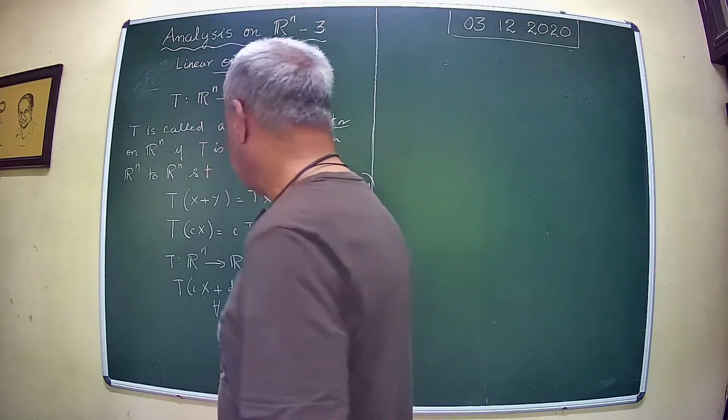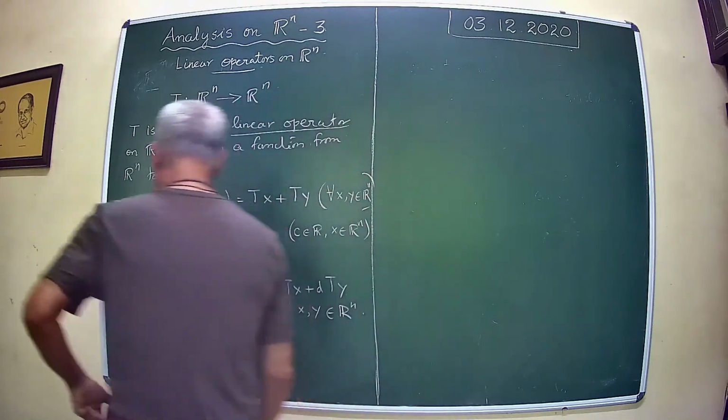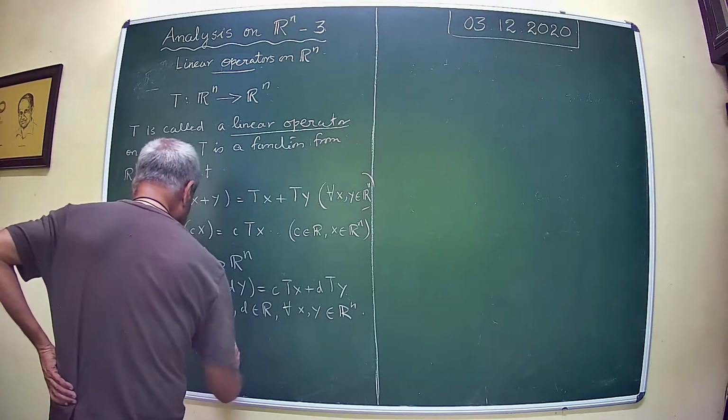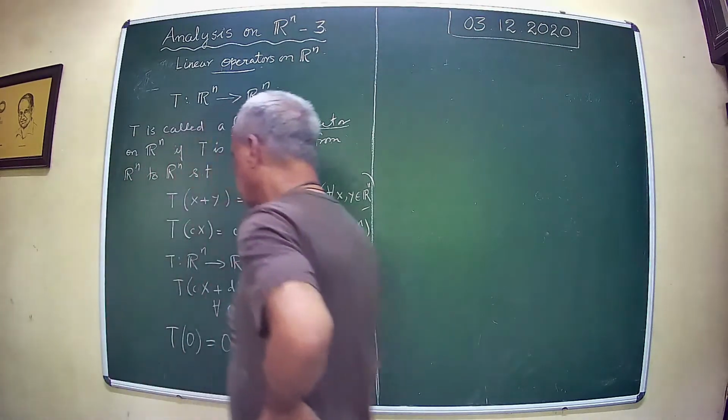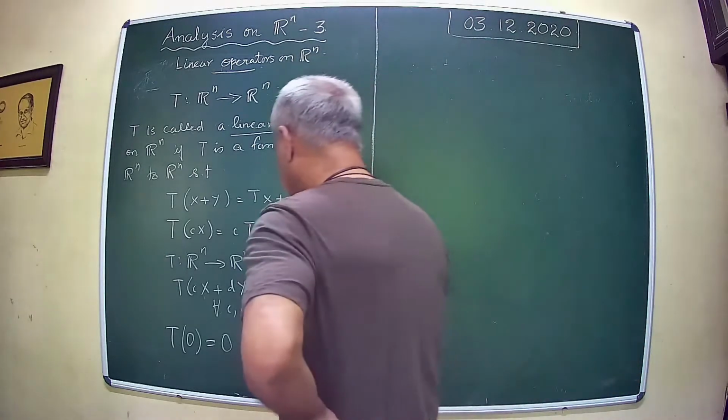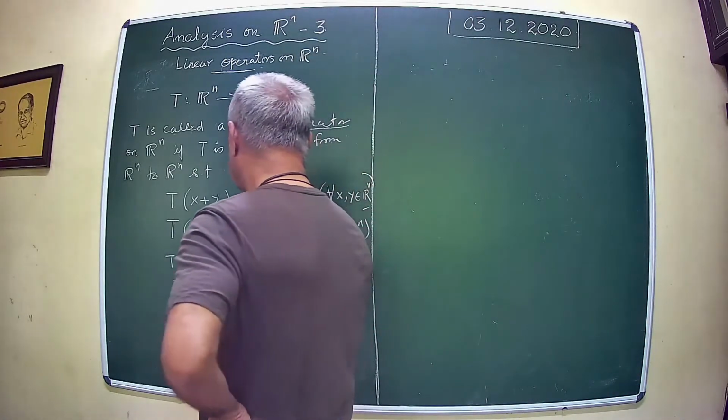Now, one of the things that you immediately observe is this: T of the 0 vector is 0. How do you get that? Because this follows from here.